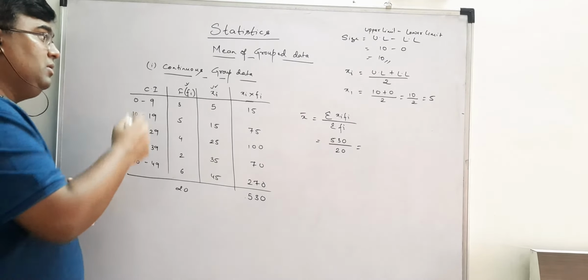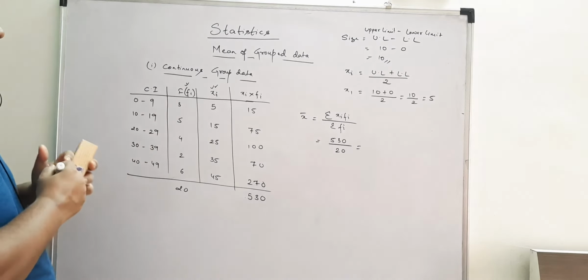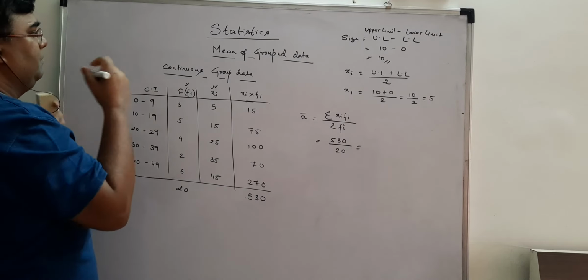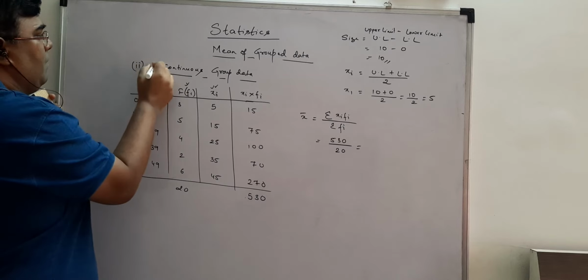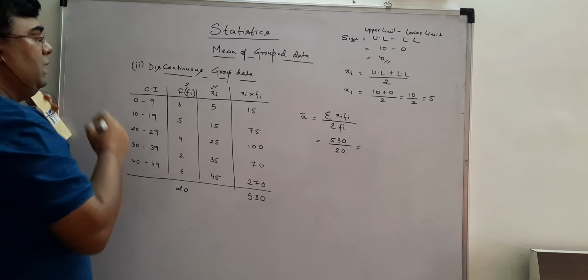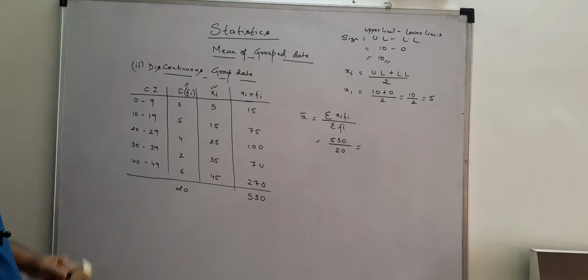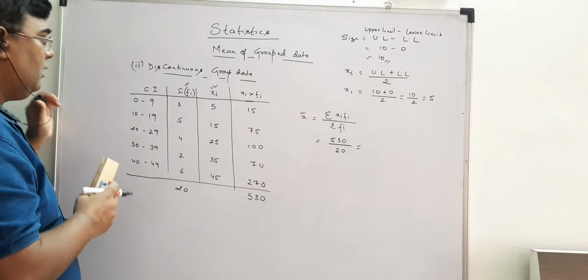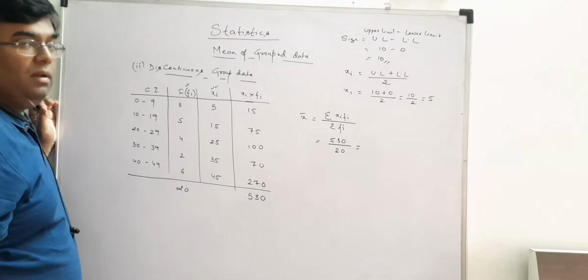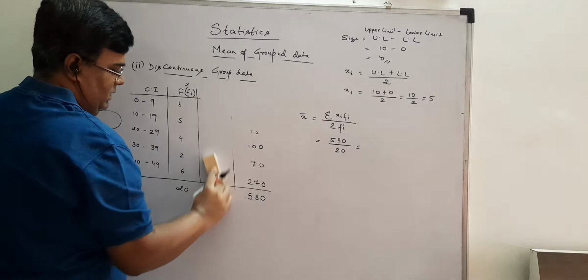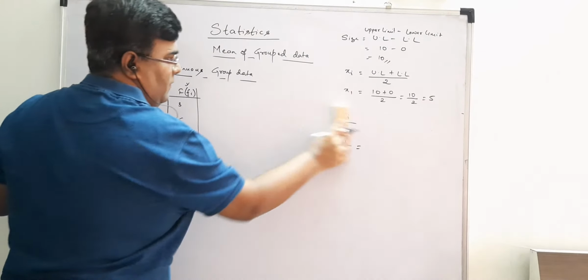Now my data is not continuous, right? This is the second part. So what we need to do is make this class interval continuous first.